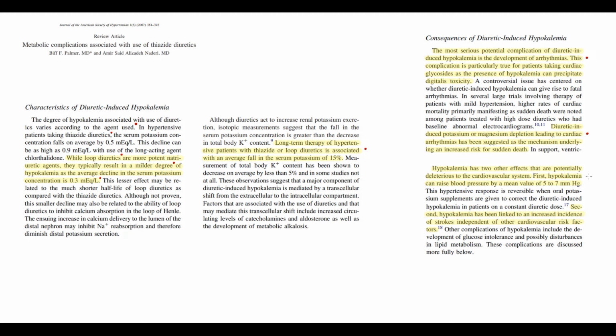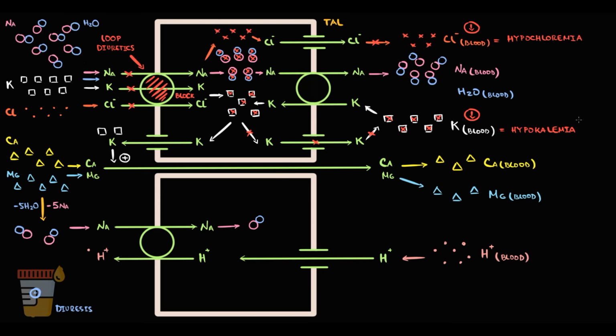The second problem is that hypokalemia can cause a mild increase in blood pressure, and last but not least, statistically, patients with hypokalemia have an increased incidence of strokes, which is also not very good. We have to know that hypokalemia affects blood glucose level.